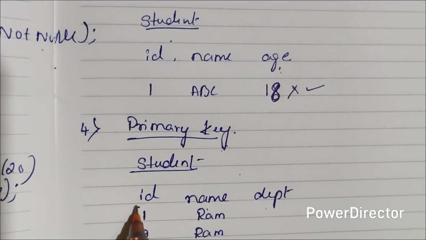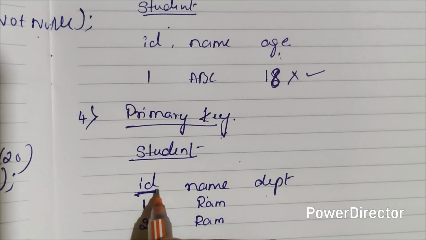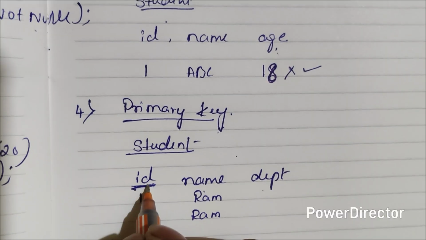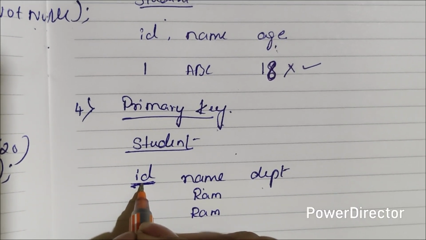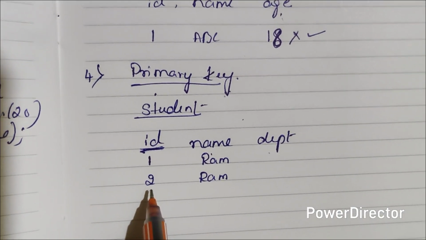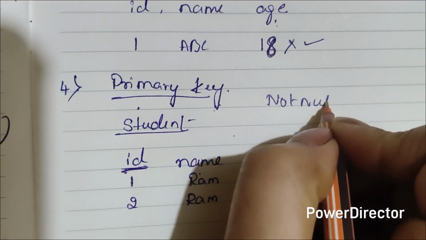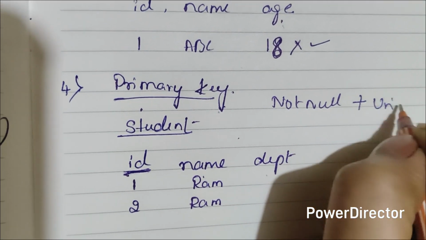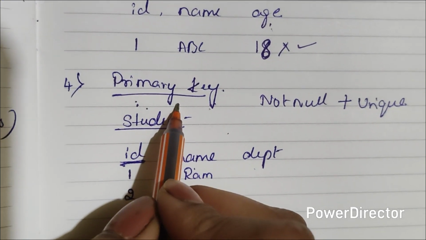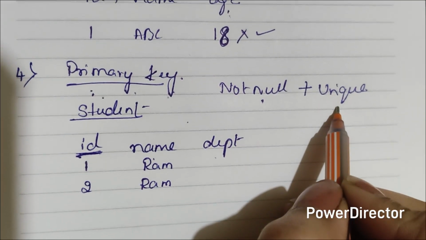That means if you are applying the condition to this ID attribute as a primary key, then it is a combination of not null and unique. Primary key is also a constraint. It is a combination of not null constraint and unique key constraint.